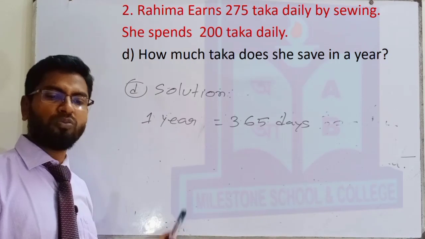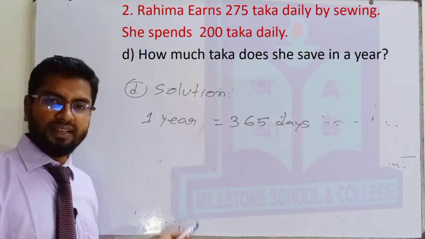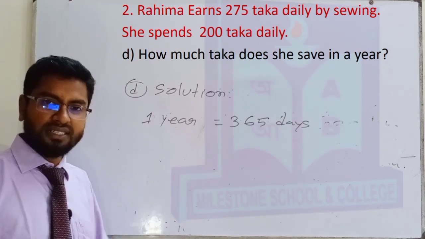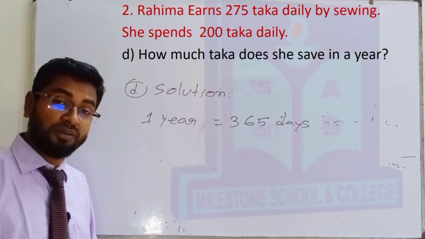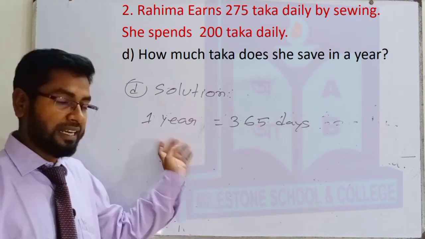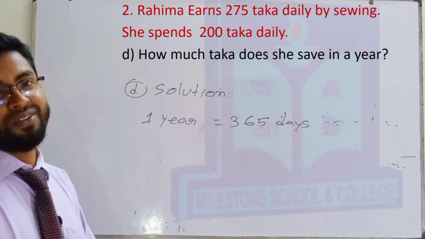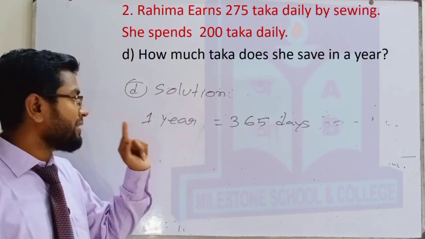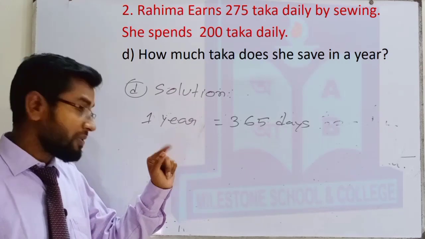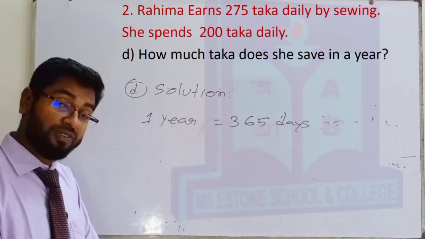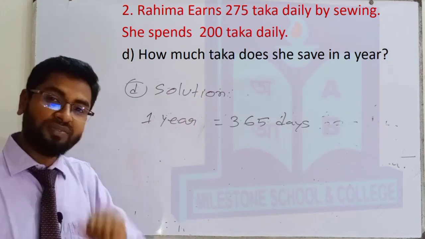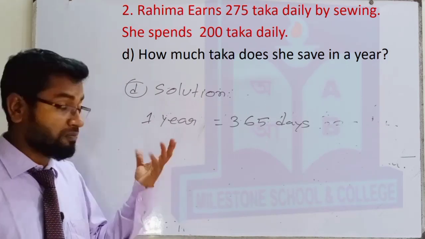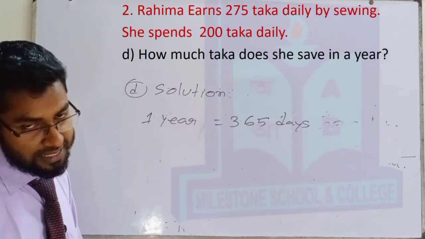In 1 month, how much she can earn, then how much she can save. So subtract it, then with that amount, if we multiply by 12, we can get the answer. This answer will not be the same. Why? Because 1 month equals 30 days, here 1 year equals 365 days. So there are 5 days up or down. So that answer will not be the same, but both processes are the same.